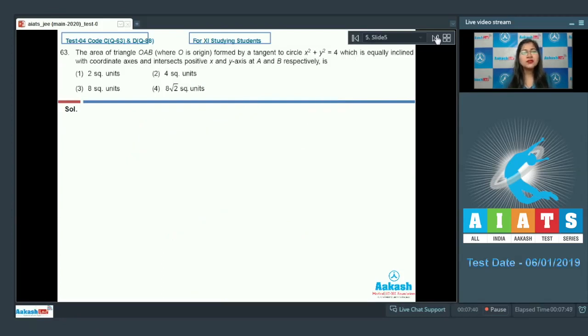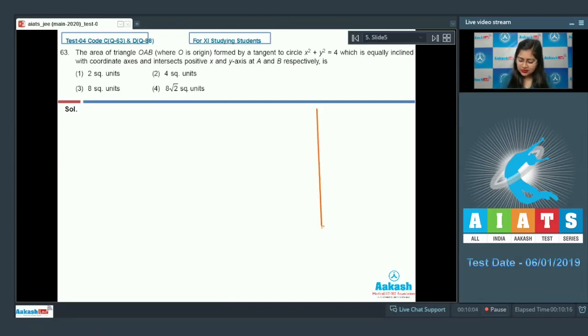Next is question number 63, which says that the area of triangle OAB, where O is origin, formed by a tangent to circle x square plus y square equal to 4, which is equally inclined with coordinate axes and intersects positive x and y axis at A and B respectively, is.